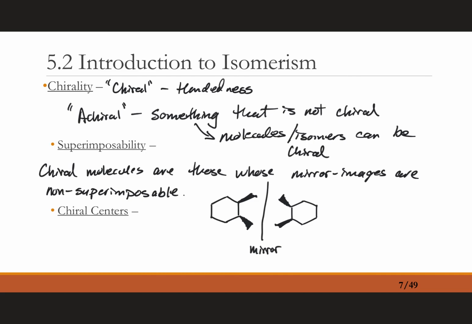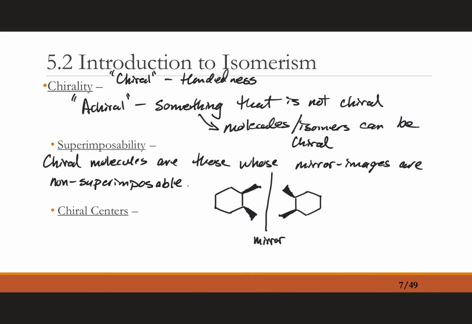But all it takes for me is to rotate it around, and you see that it's the same molecule. So if I rotated it around and then overlap it with the first one, you see that they are superimposable on each other, and therefore this molecule is achiral.